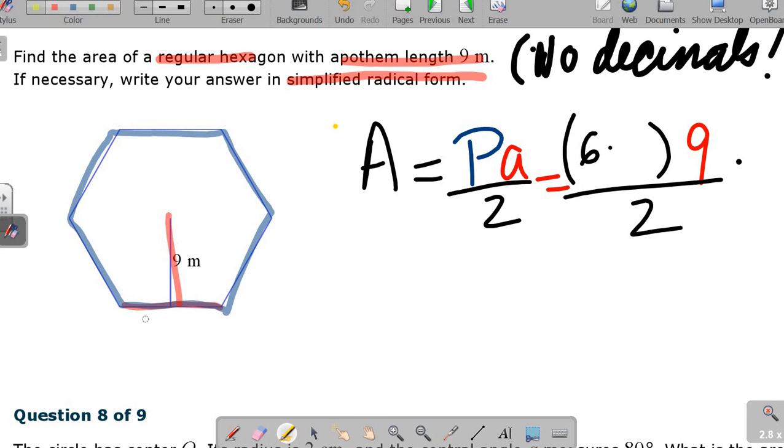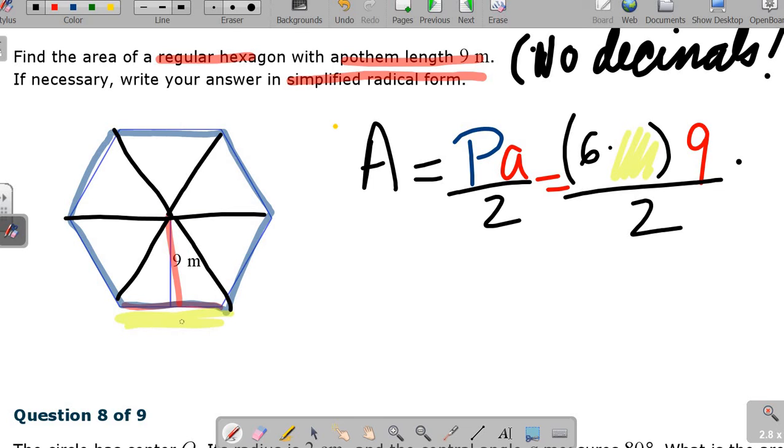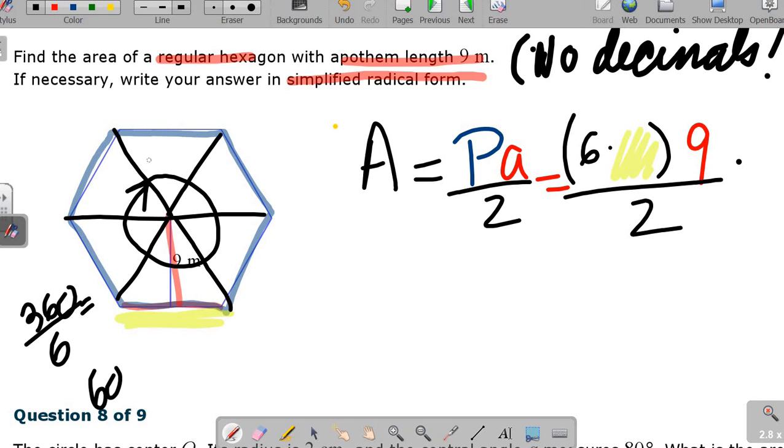So the only thing I'm missing here is this side length. Draw our pizza slices. Go around like that. So each pizza slice is going to be 60 degrees.